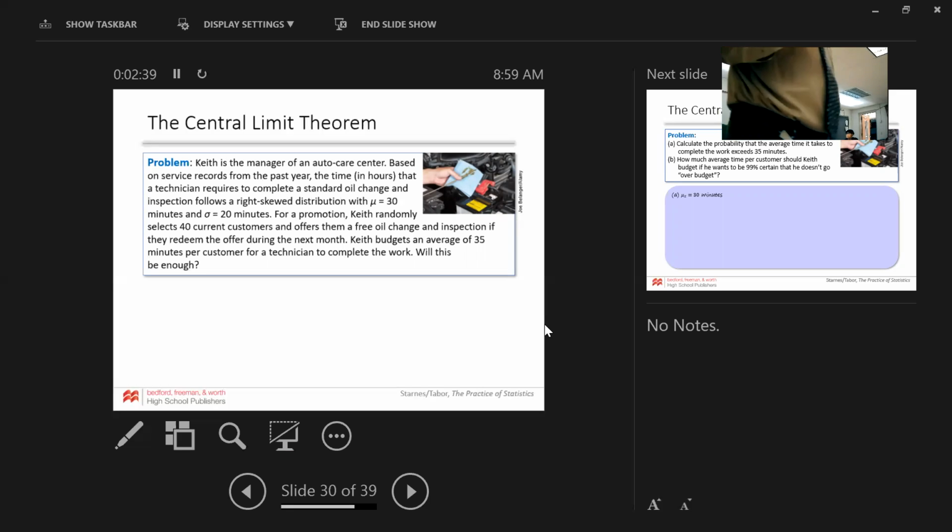Well, think about this. He's going to budget 35 minutes. Why? Because 30 minutes is the center. He's giving himself 5 minutes extra time. But the standard deviation is 20 minutes. So everything to the right of 35 would be a problem if he budgets this.